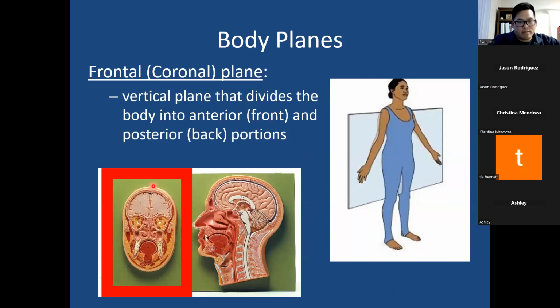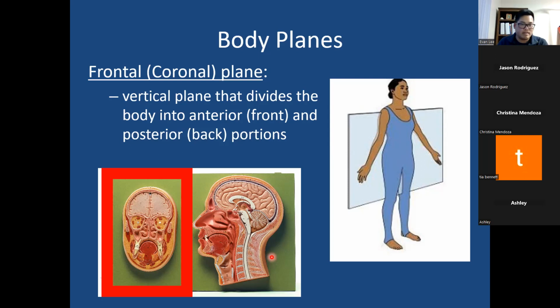Now, still a vertical plane, but notice the difference here. If you cut down the middle like this, you'll see something that looks like this. But what if you cut from the side over here? If you cut from the side, you're going to see something very, very different. So cutting from the side basically makes a front and back portion.